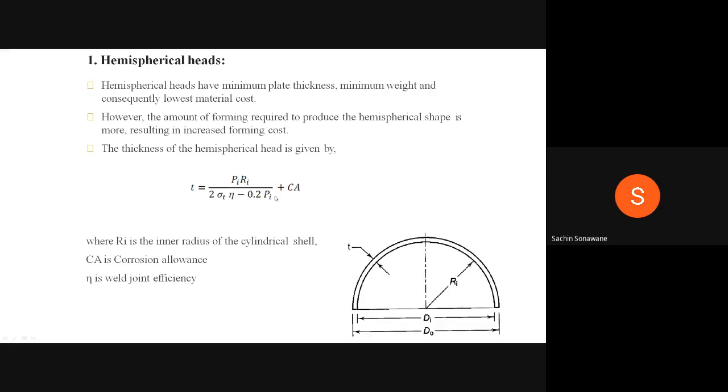Please write down the hemispherical head, this formula, and draw this diagram also. Write down the terminology too. Ca is corrosion allowance. Pi is the inside pressure.